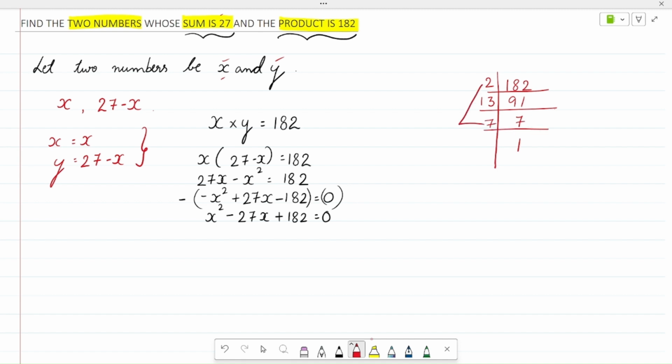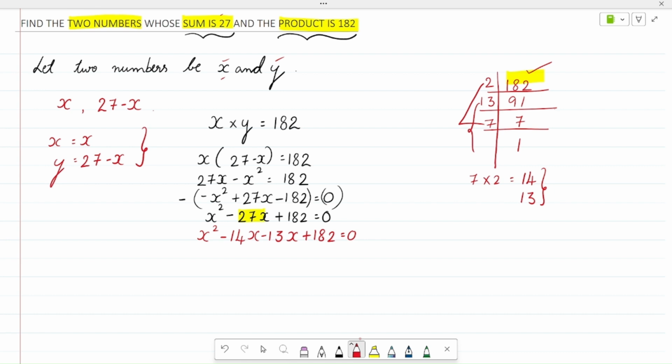Now I have 7 times 2, which is 14, and one more factor 13. I have to make sure that when I multiply these, I'm getting 182. Okay, so one task is done. And when I'm adding or subtracting these, am I getting 27x? Yes, I am. So both tasks are done. Now it is x square minus 14x minus 13x plus 182. After checking that out, I'm writing this.